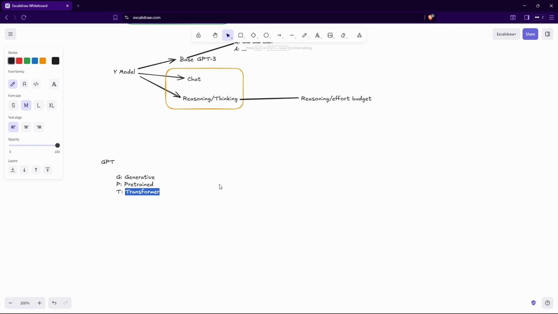We could live without it, but it makes the models much more efficient, much better at predicting results and doing it cheaply.